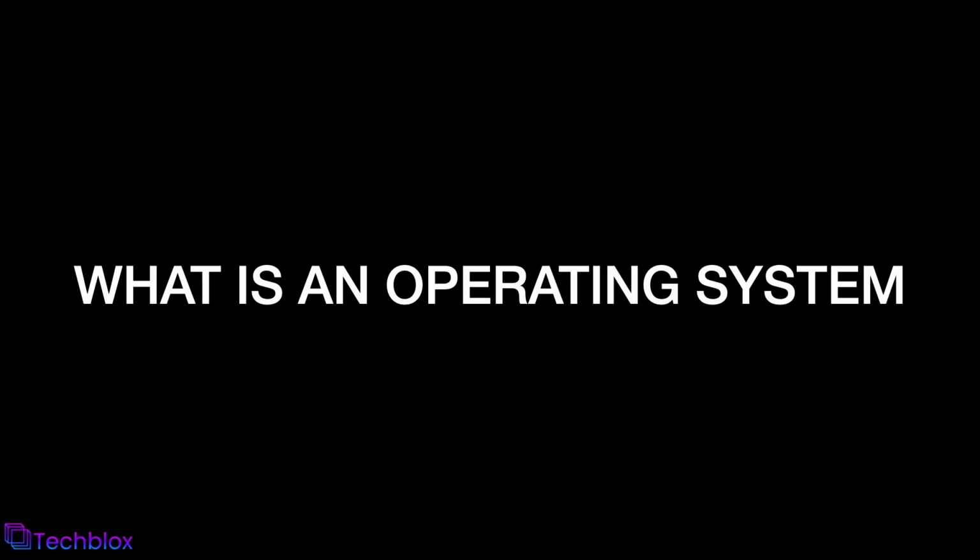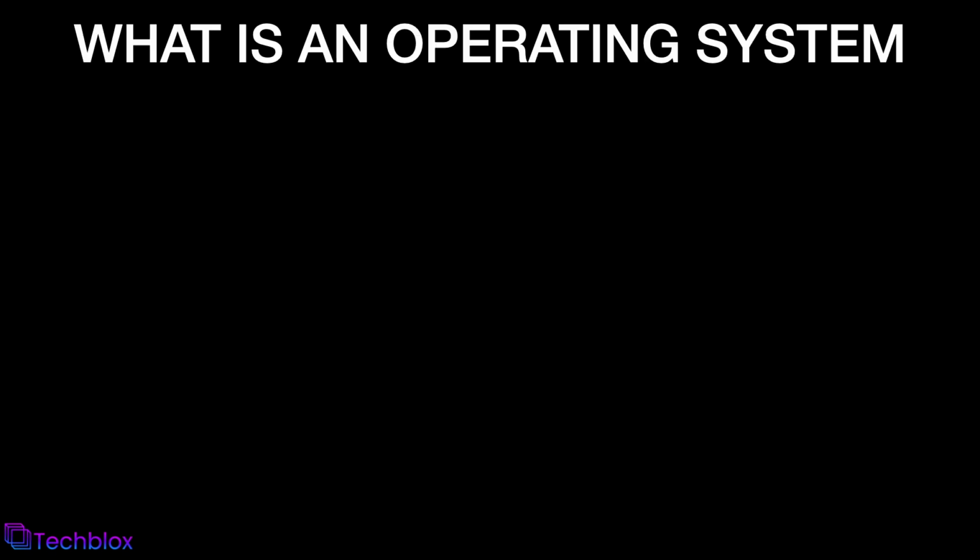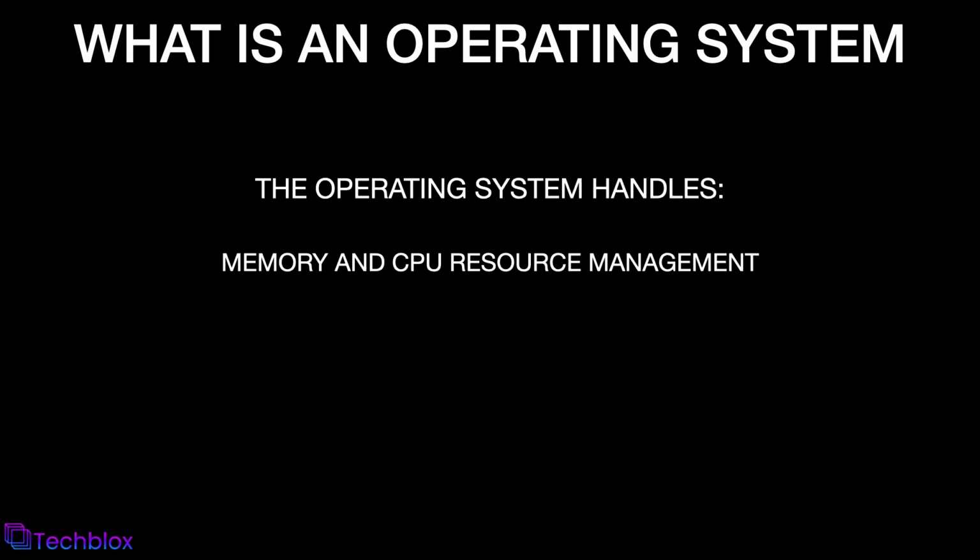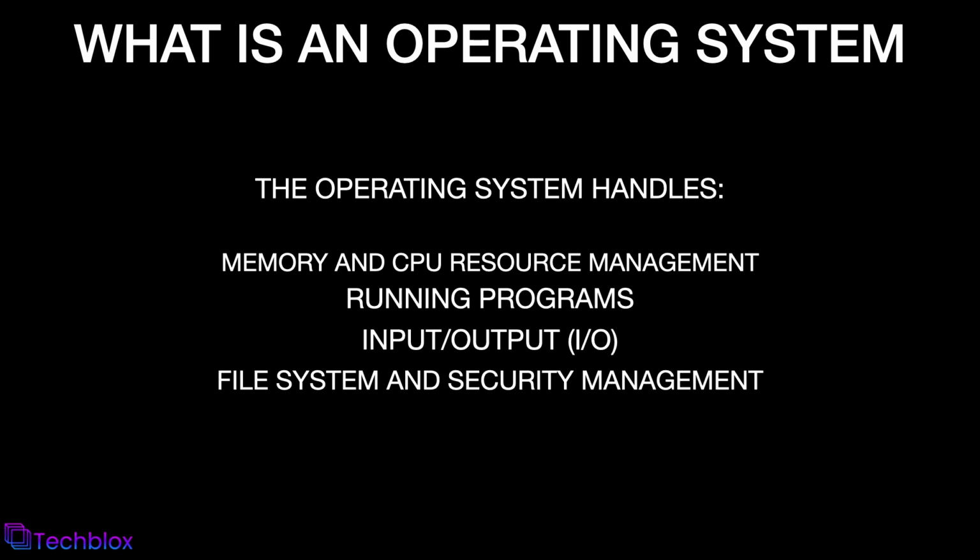Let's take a step back and talk about the operating system itself. An operating system, or OS, is the layer of software that sits between your applications and your computer's hardware. It handles things like managing memory and CPU resources, running programs, handling input-output operations, managing file systems, and security. You can think of it as the traffic controller for everything that happens on your computer. The OS provides the environment for your programs to run in.